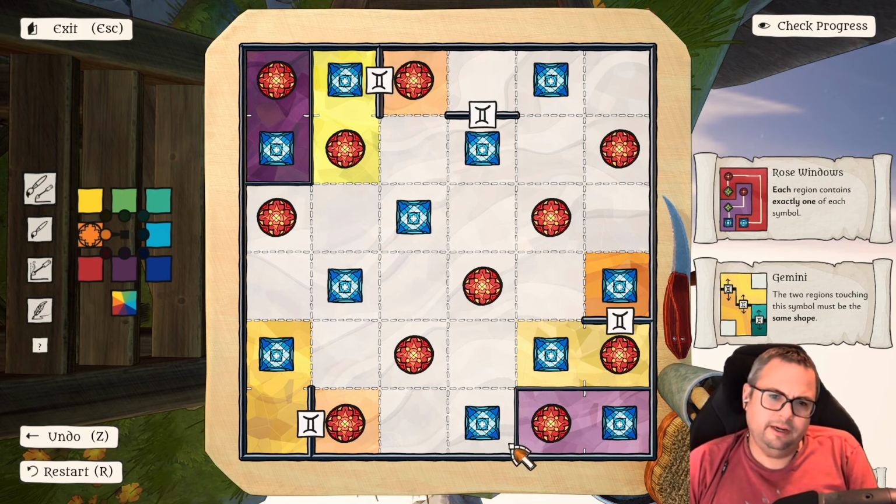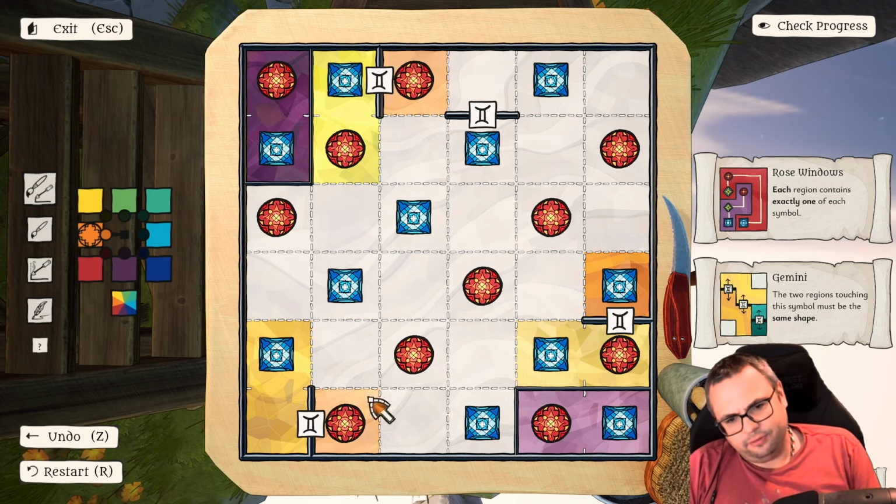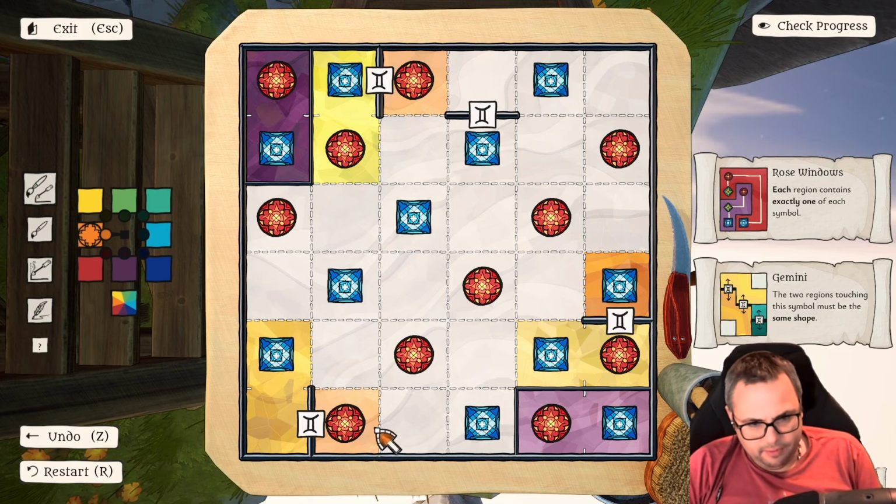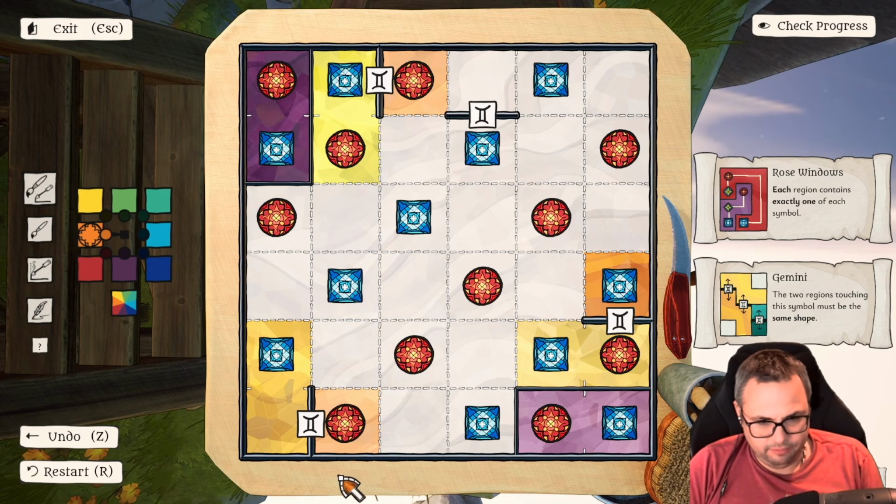And somewhat similar here, but not quite, because this orange can't be a domino, so yellow isn't a domino. But we already knew yellow wasn't a domino here, so it's not quite as profound.